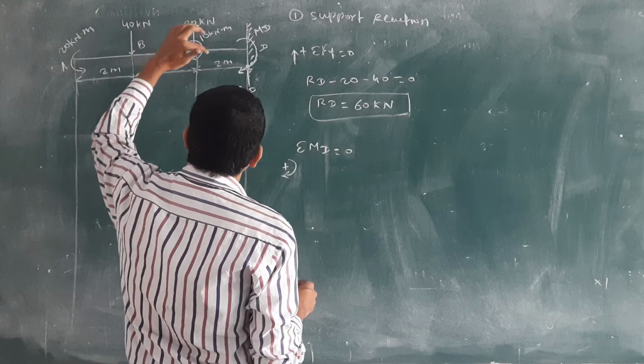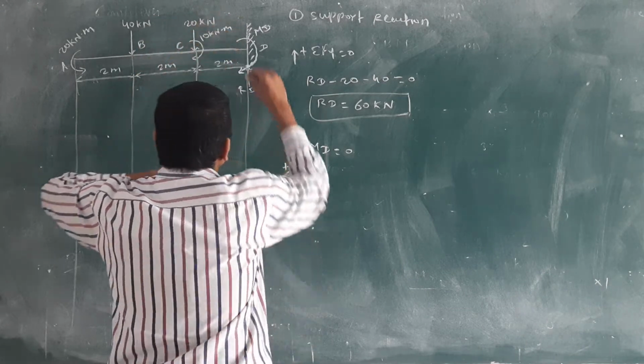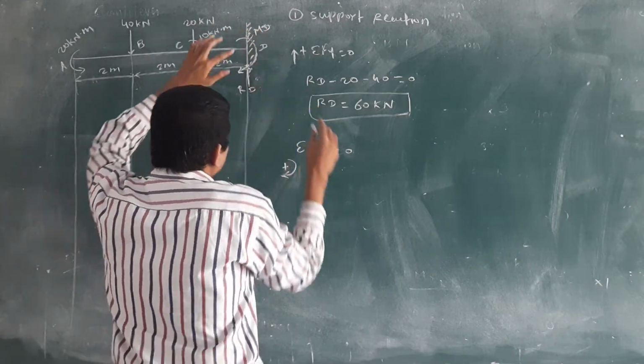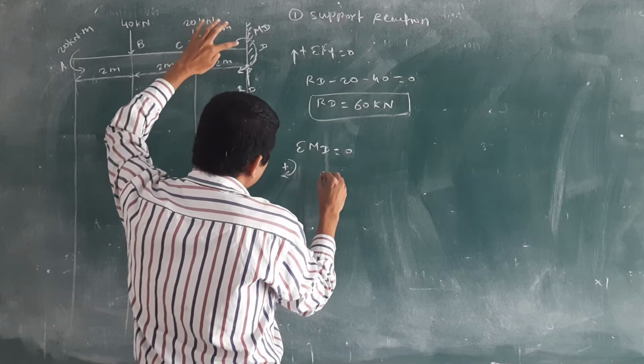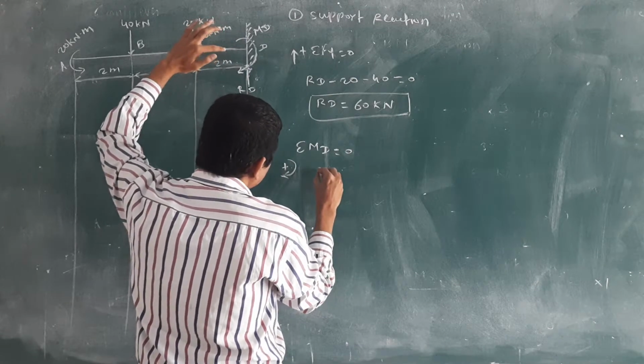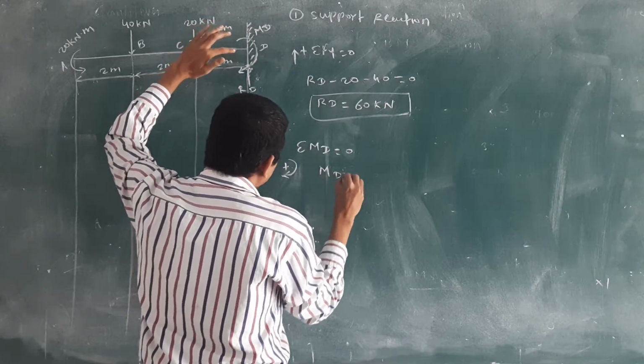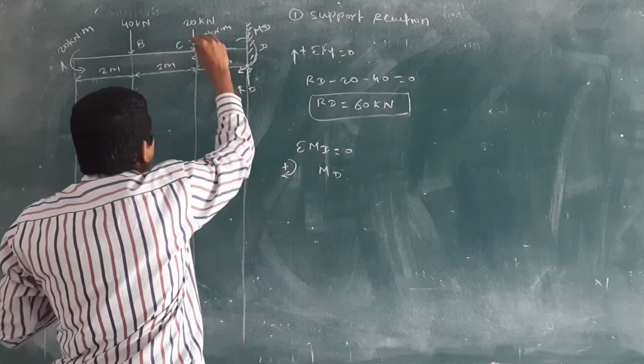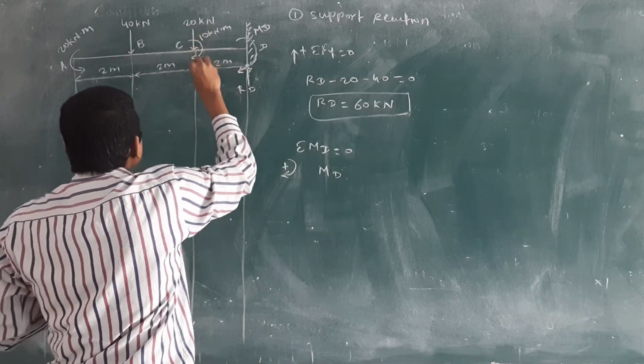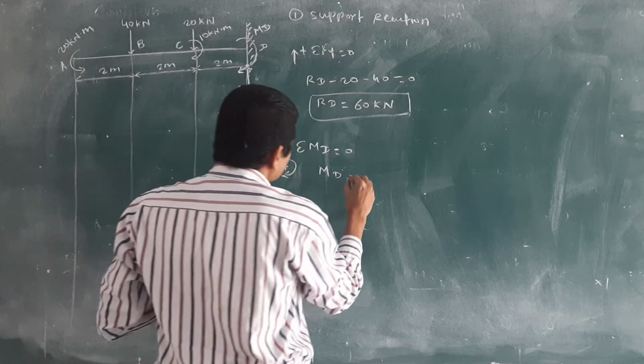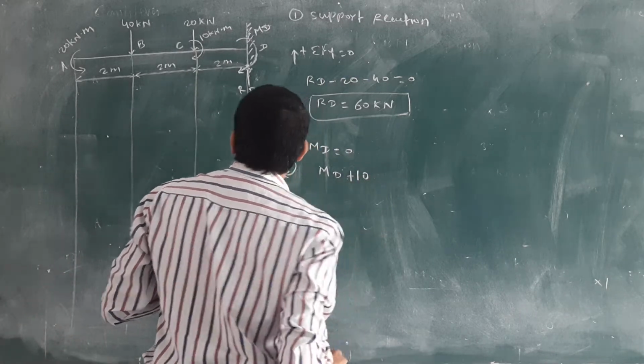See, there is one moment at point A, which is in the clockwise direction. That's why plus. At point C there is one moment, again in the clockwise direction, so I will write plus.